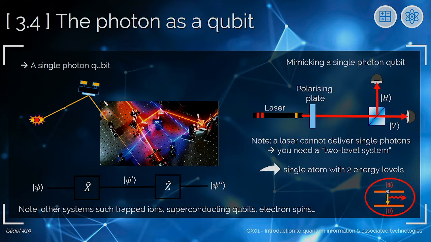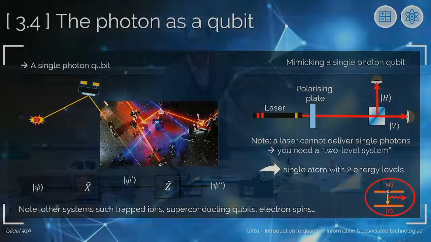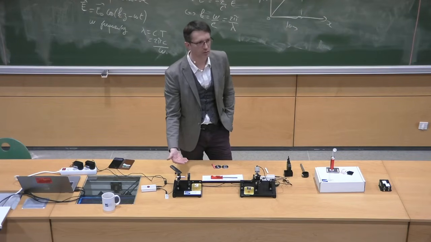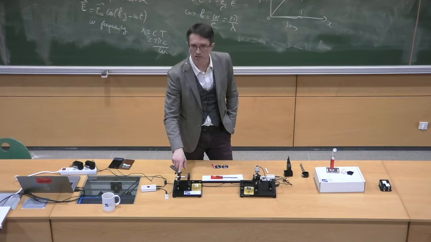So what we have here, I think we need to zoom, please. There we go. So here is the sort of single photon part, the emission part. In this case, it's not a single photon source, it's a laser, which is here.